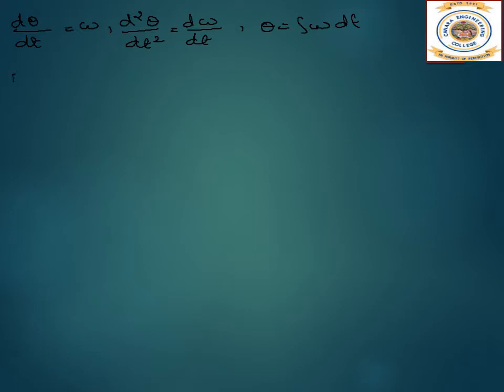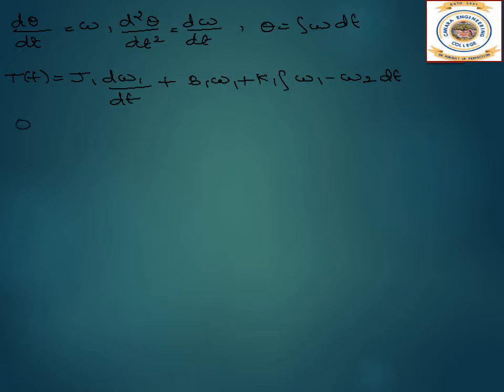So let us consider equation 1. T of t is equal to, we have J1 d omega 1 by dt plus B1 into omega 1 plus K1 integral omega 1 minus omega 2 dt.